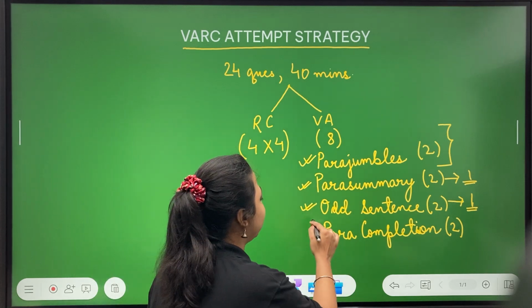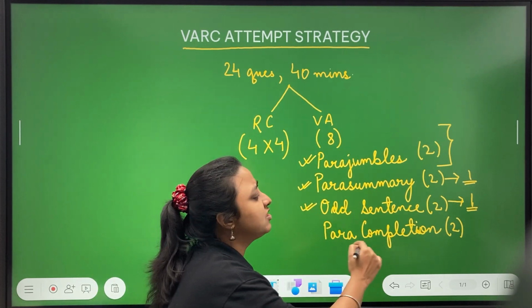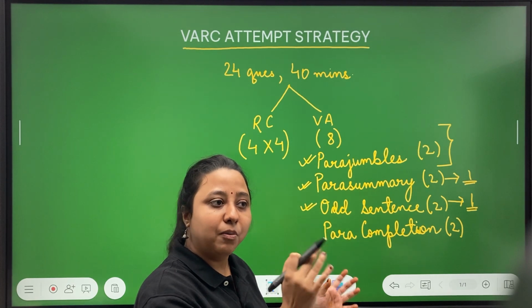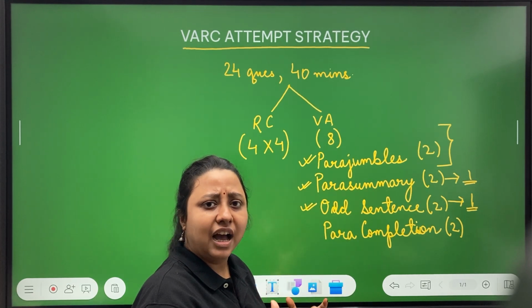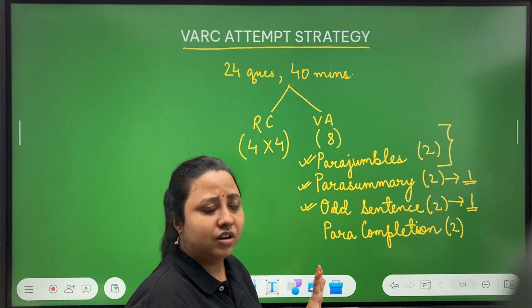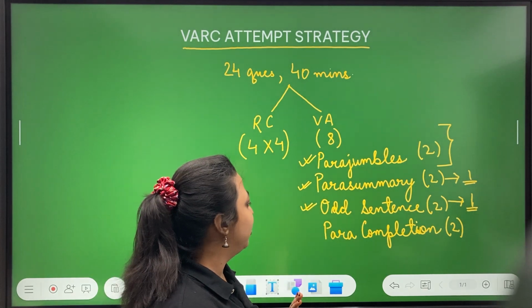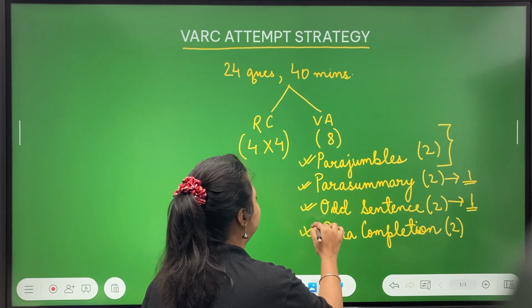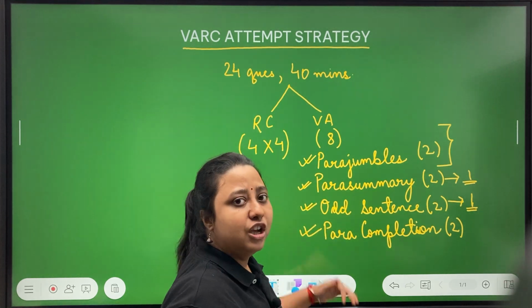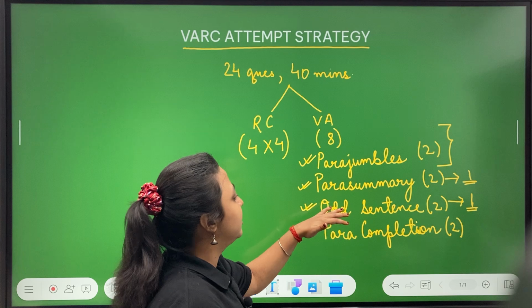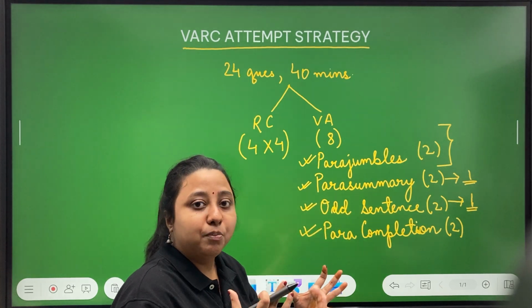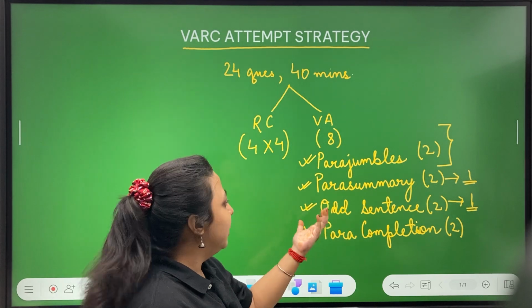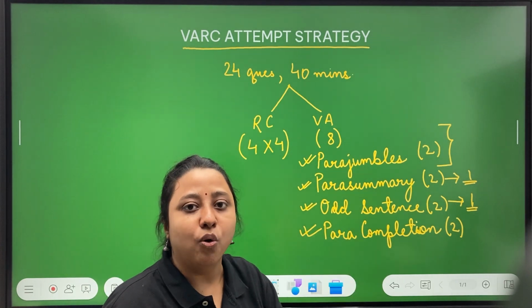Para completion, again, I feel para completion is tricky. अगर समझ में आ गया तो आ गया, अगर नहीं आया तो the probability of getting it wrong is also pretty high until and unless you're super confident about the kind of questions that you're getting. So para completion again depends on your level of comfort. Usually I have seen para summary or odd sentences में the probability of getting it right is better, ROI is better, but then to each his own.